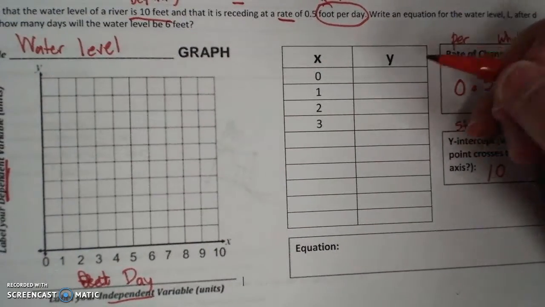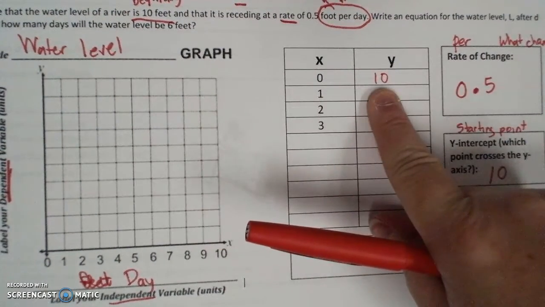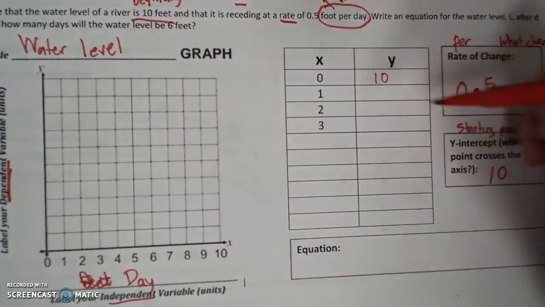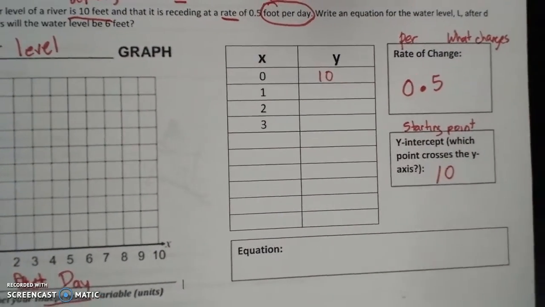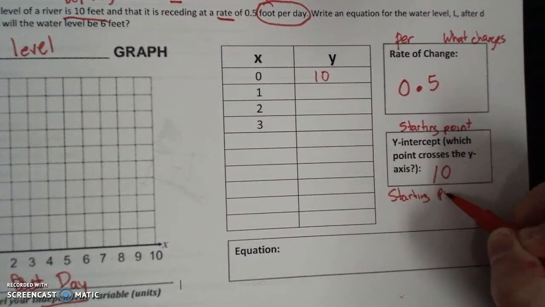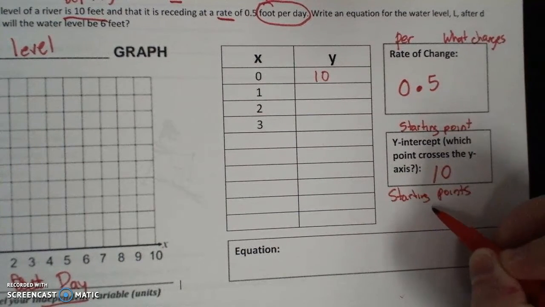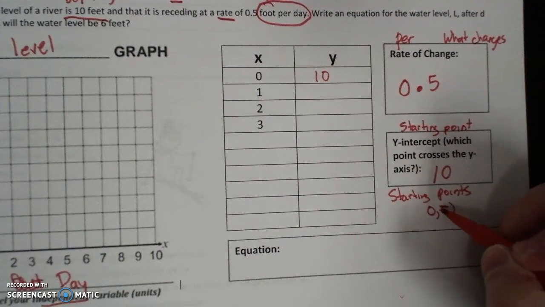Okay. Where did I start? I started at 10. Every time I have a 0, 10, my starting points are always in my format. Let me write it over here. Starting points always are in the format 0 and a number.